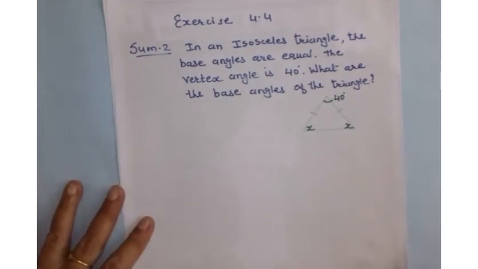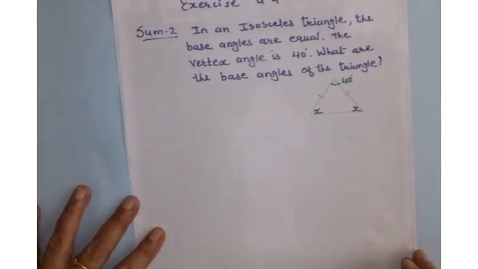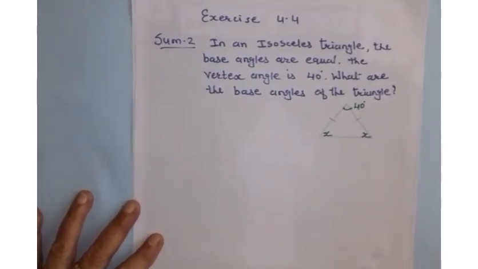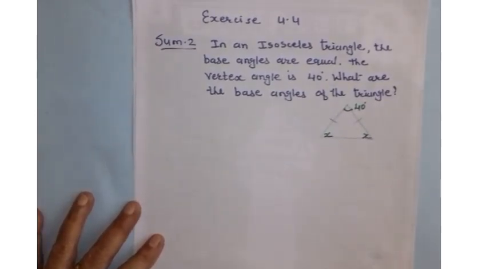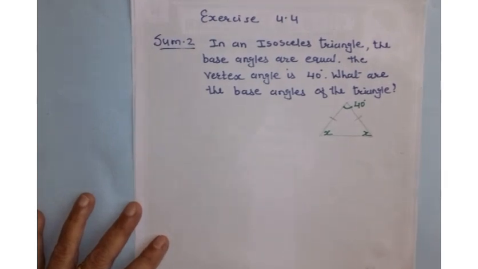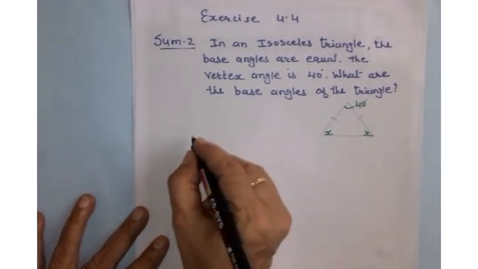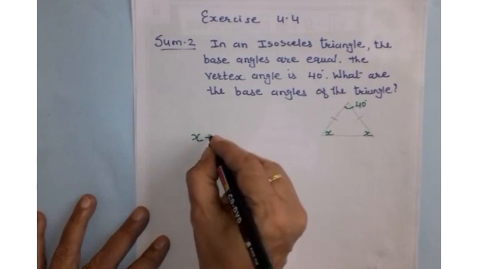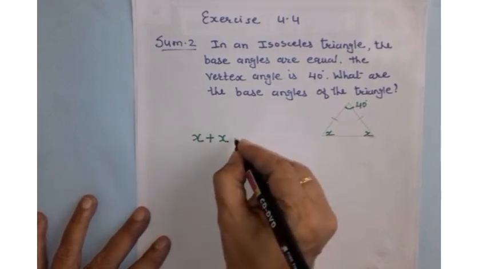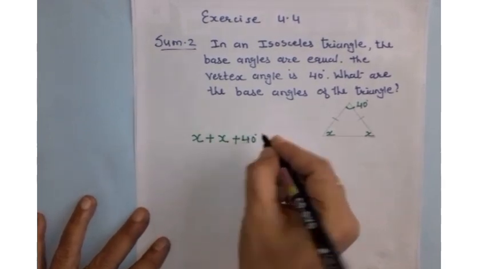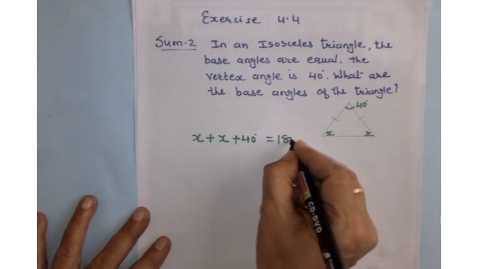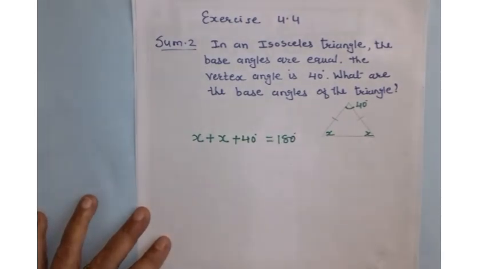Clear? And children, tell me, what is the sum of measure of all the three angles of the triangle? Correct. It is 180 degree. So now x plus x plus 40 degree is equal to 180 degree. Correct?